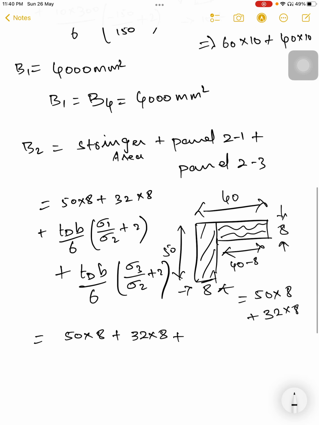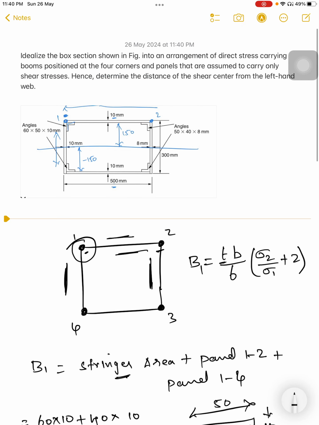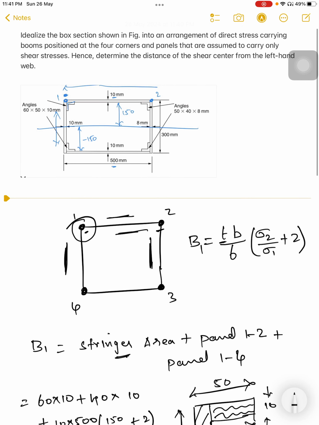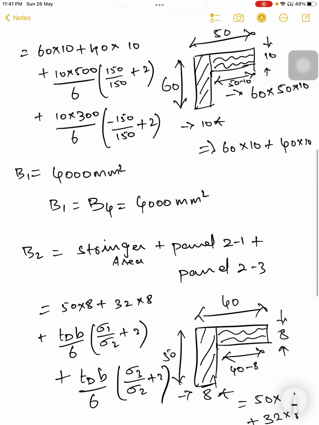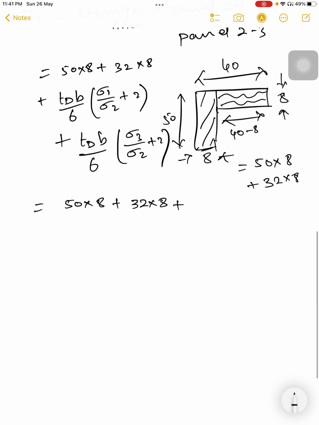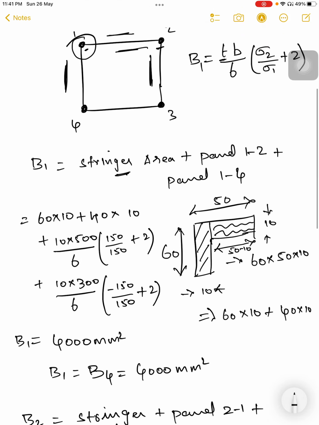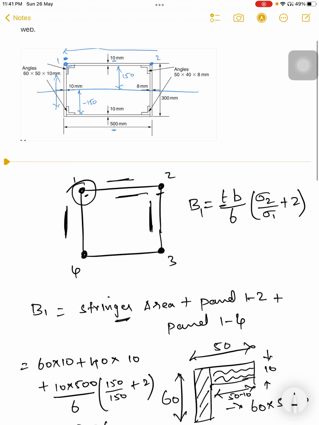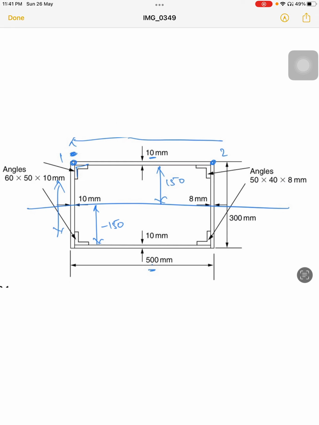So it will be 50 cross 8 plus 32 cross 8 plus, the thickness of panel 2 1 is 10 and the breadth is 500, so it will be 10 into 500 divided by 6, into sigma 2 is 150, sigma 1 is 150, plus 2, plus panel 2 3.